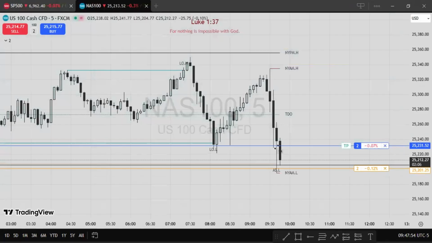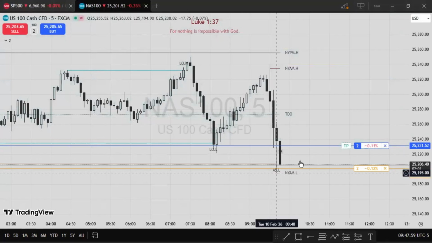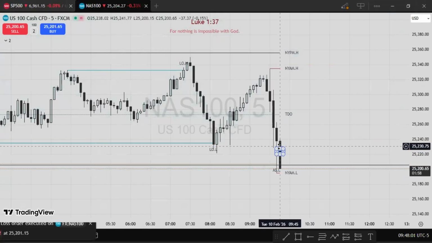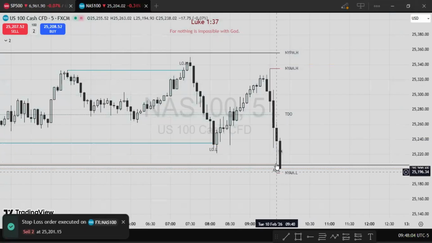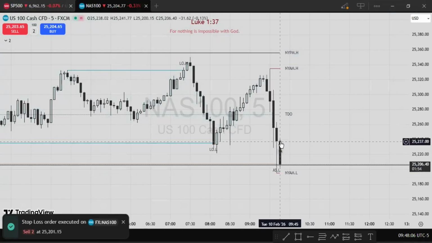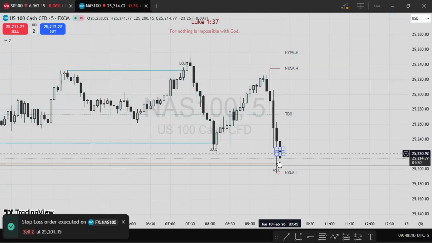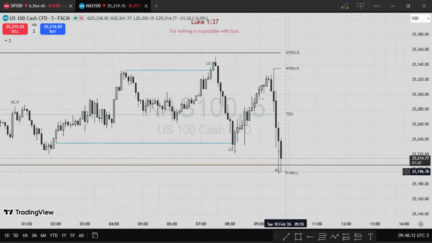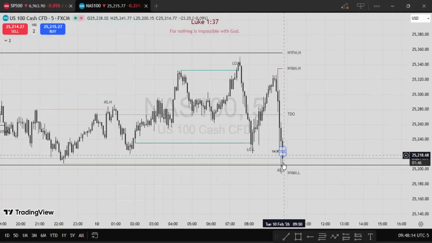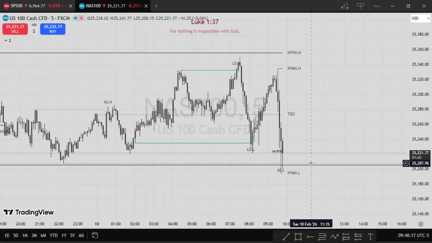Okay, so what we're seeing here is a clear sign that we're probably gonna come for this. So this trade is probably gonna be a loss because we had the sweep, the rejection all the way here, and then the next candle still has the strength to trade all the way down like that. So I'm gonna wait and see if we get another inversion to the upside.